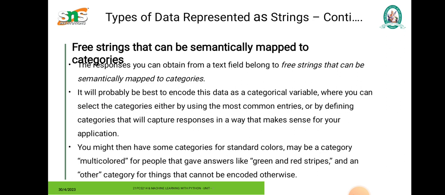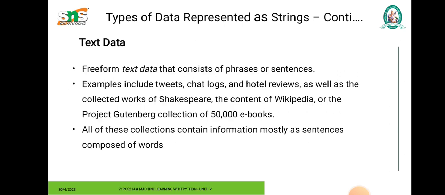You might then have some categories for standard colors, maybe a category multicolored for people that gave answers like green and red stripes, and another category for things that cannot be encoded. So while selecting the data type, this type of data we can better avoid to reduce the confusion.